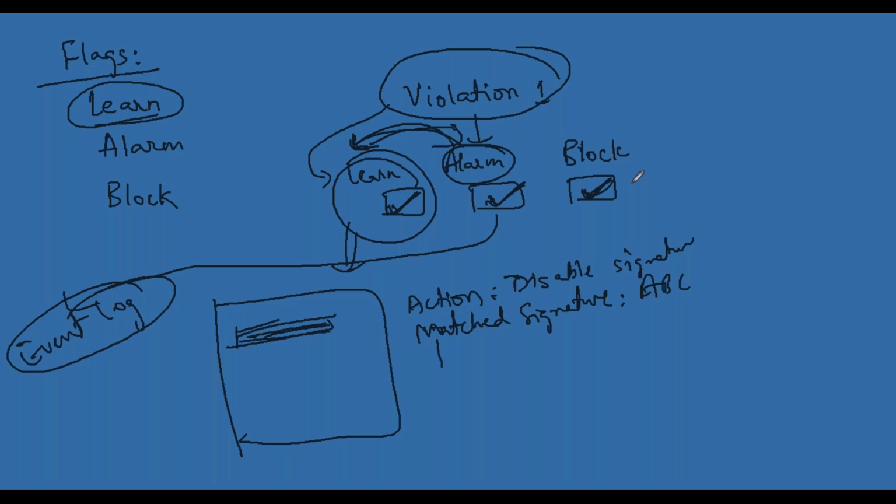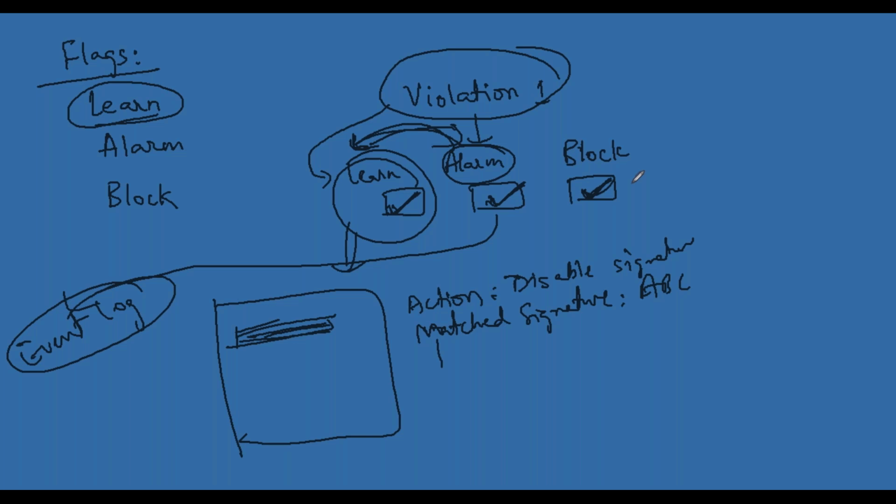So whenever you are troubleshooting, these are the two most important criteria which you need to consider: the block flag and your policy blocking mode. The policy mode has to be in blocking. Also, your flag has to be set with block.